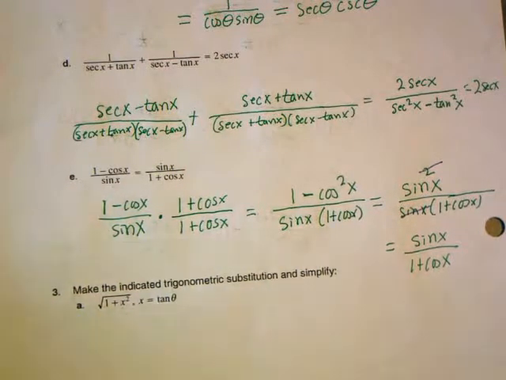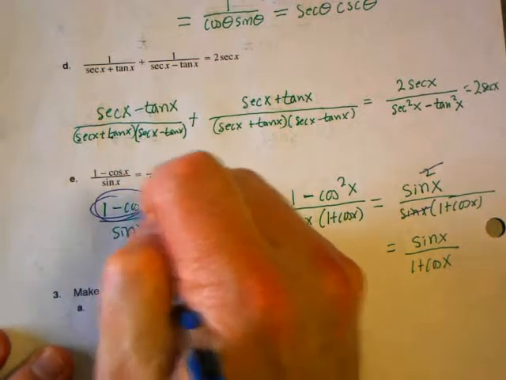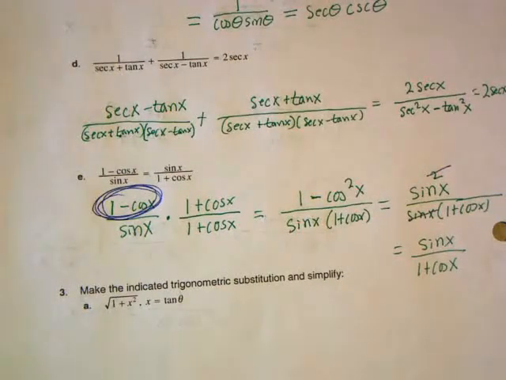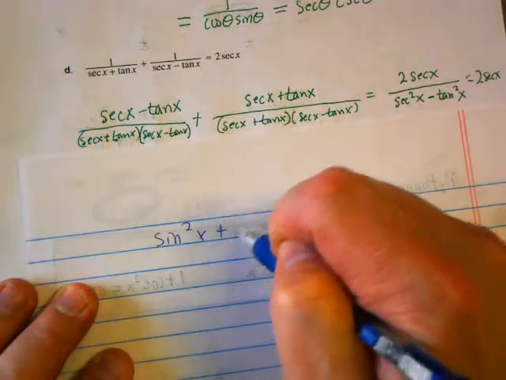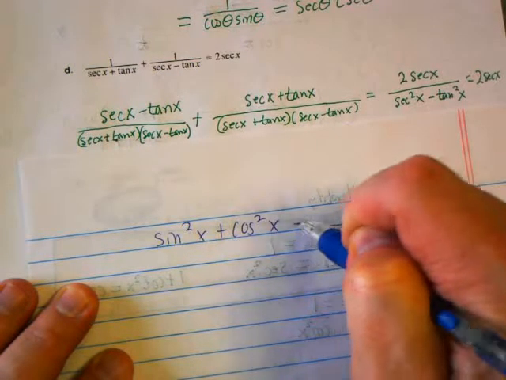Alright, so again, when you see something like this, normally we write the Pythagorean identity as sine squared x plus cosine squared x equals 1.